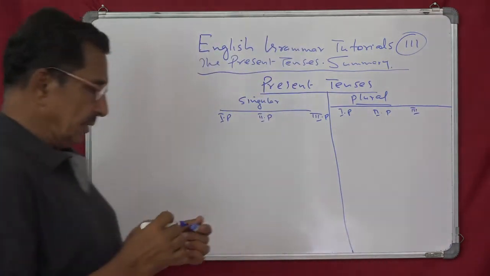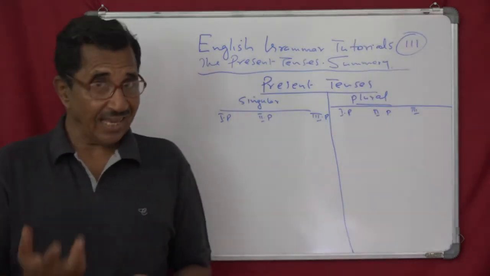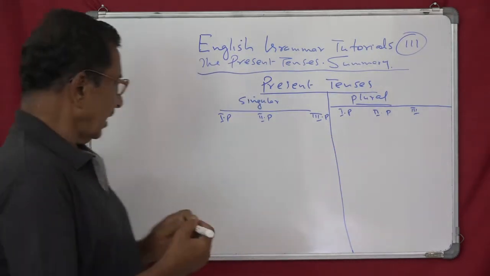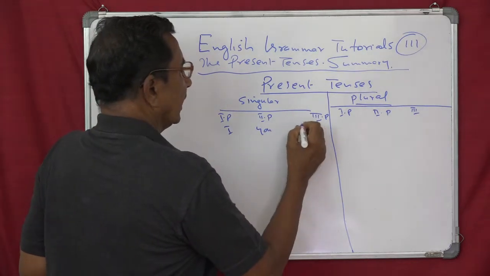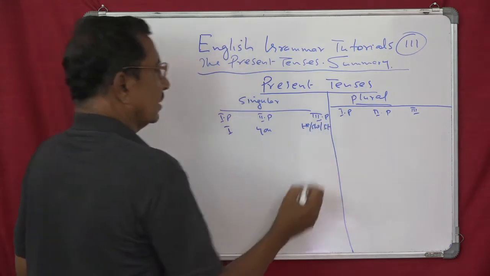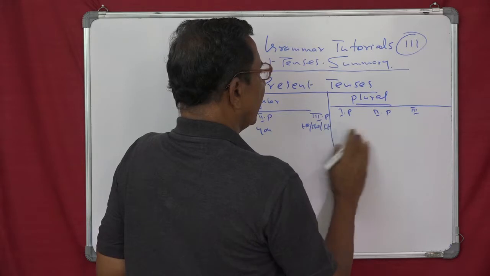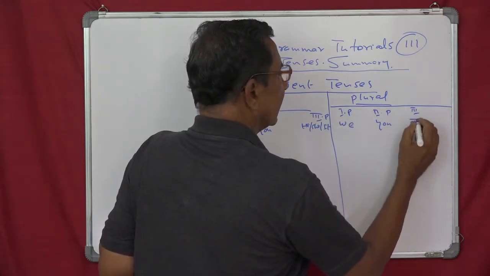And then you can see the names of tenses. First person is I, plural we. So I can write like this: I, you, he, she, it. Plural: we, you and they.